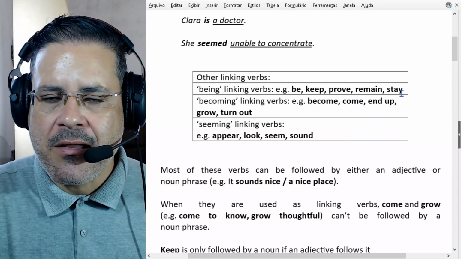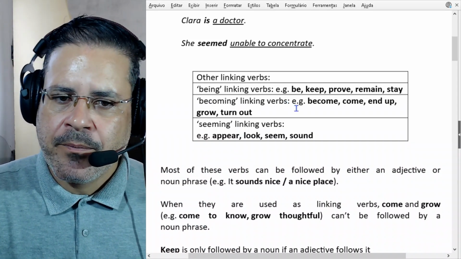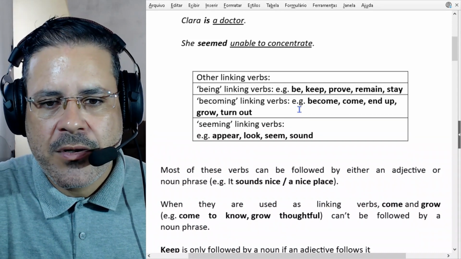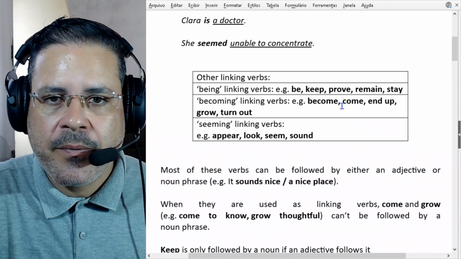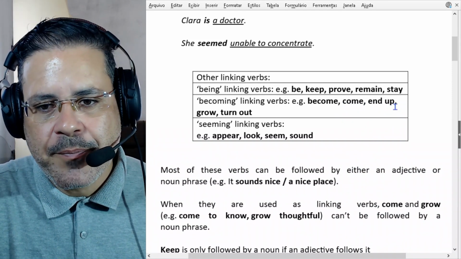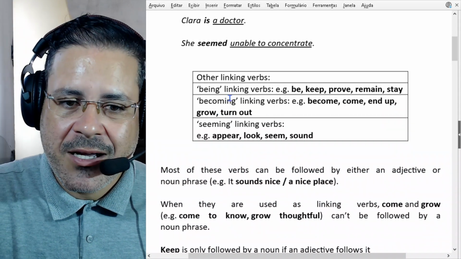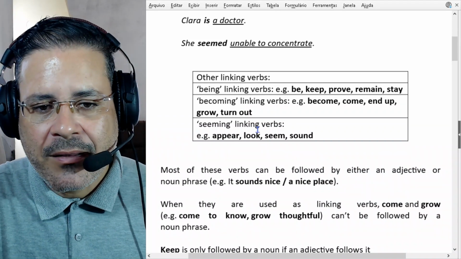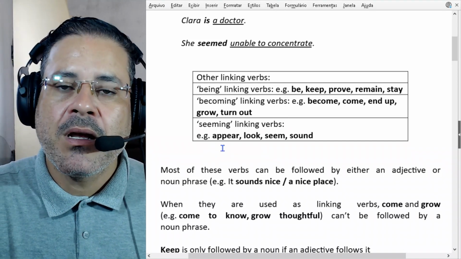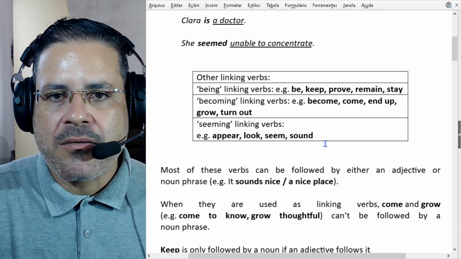They're always linking verbs. The becoming linking verbs might become linking verbs occasionally. For example: become, come, end up, which is a phrasal verb, grow, and turn out. And lastly, we've got the seeming linking verbs, e.g., appear, look, seem, sound.